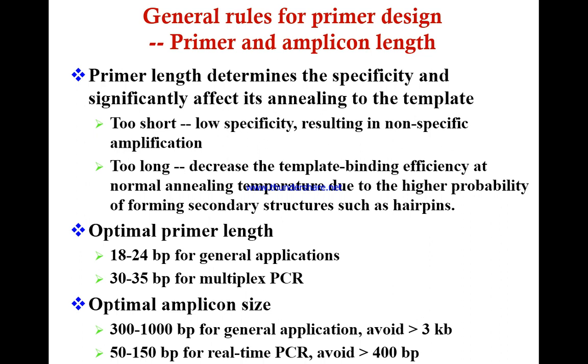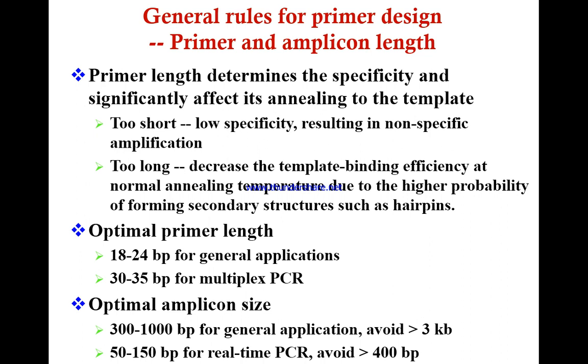Optimal amplicon size. The amplicon is the region which is going to be amplified. 300 to 1000 base pairs for general application. Avoid more than 3 kb, as it is a limit for PCR.